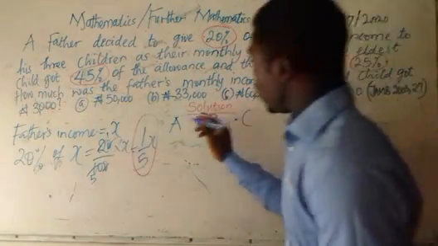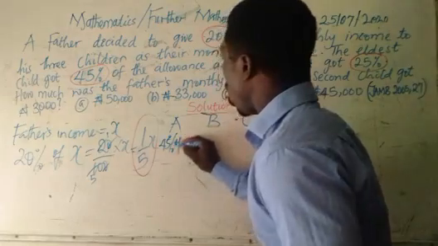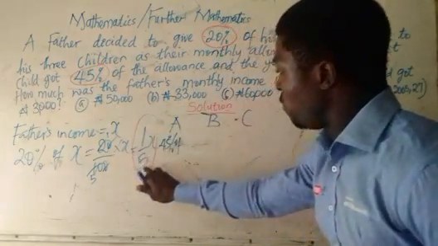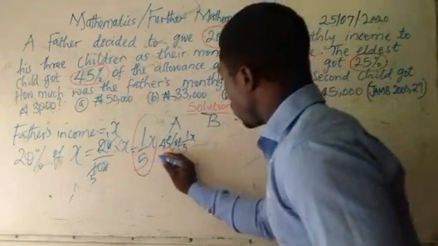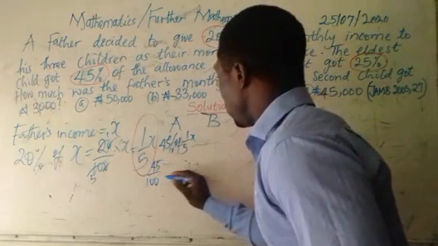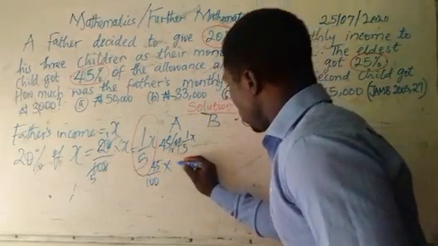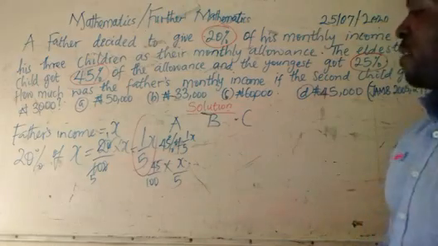So we have 45% of 1 over 5x, which will be equal to 45 over 100 multiplied by x over 5, which is the same thing as 1 over 5x.